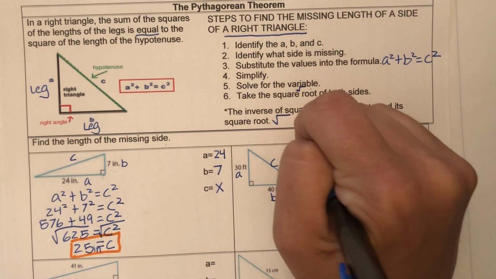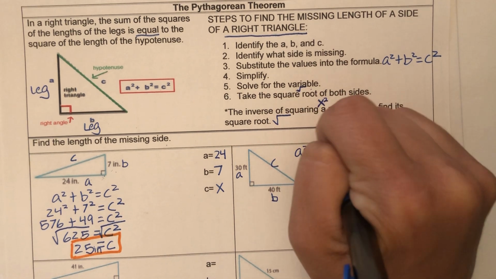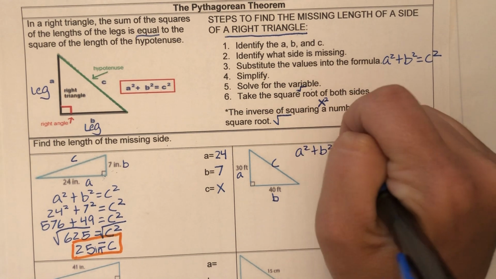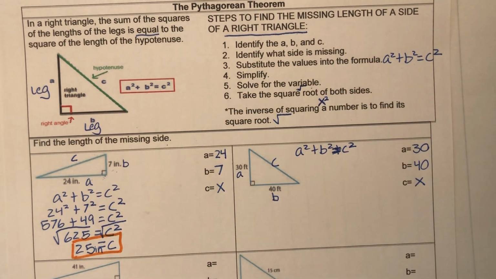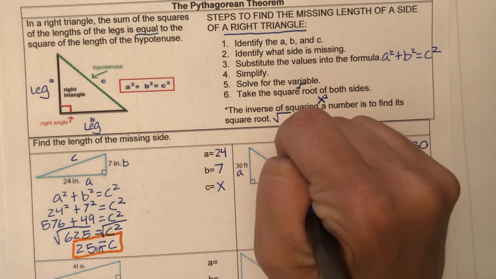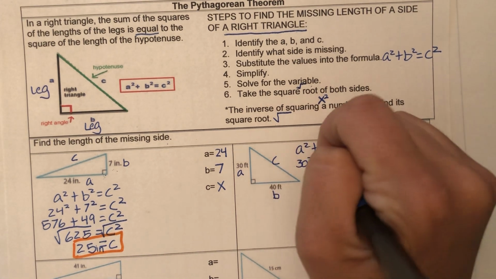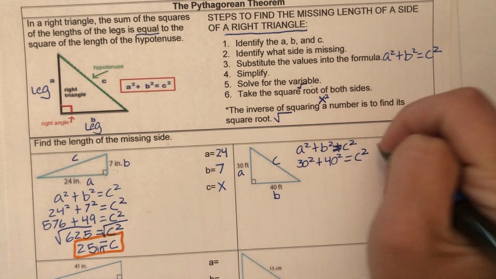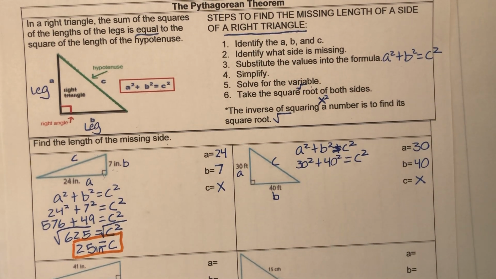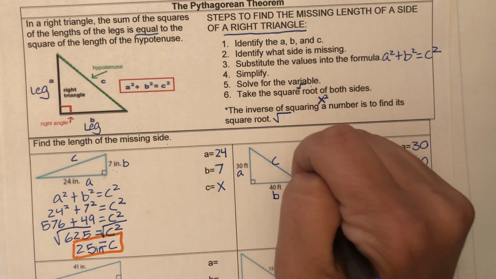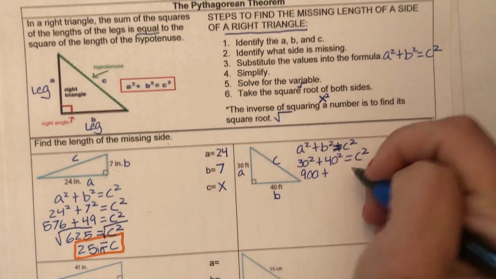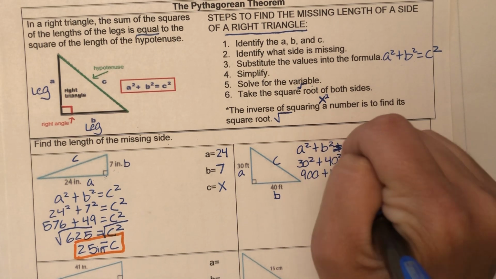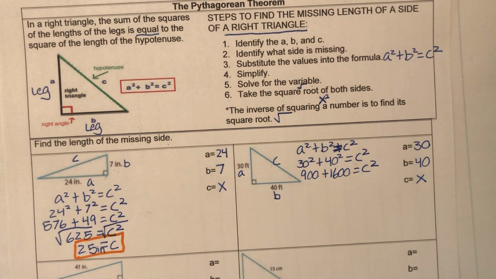So I'm going to take those values, plug them into the Pythagorean Theorem. A squared plus B squared equals C squared. A squared, so that's 30 squared plus 40 squared equals C squared. 30 squared is 900 plus 40 squared is 1600 equals C squared.